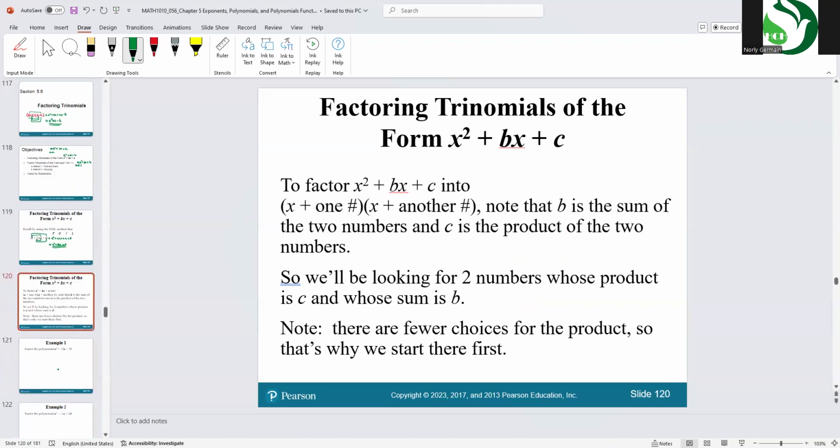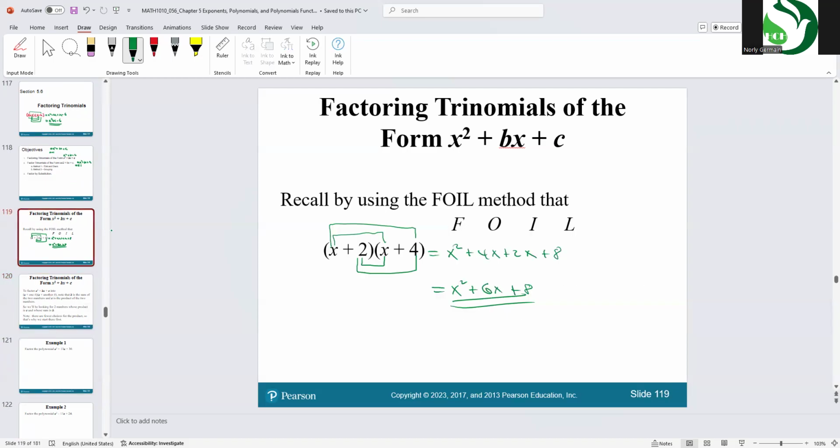Now, factoring trinomials of the form x squared plus bx plus c, where a is equal to 1. To factor these trinomials, you need to find two numbers that, when you multiply them, give you c, and when you add them, give you b. Look at the previous example: x squared plus 6x plus 8. What are the two numbers?